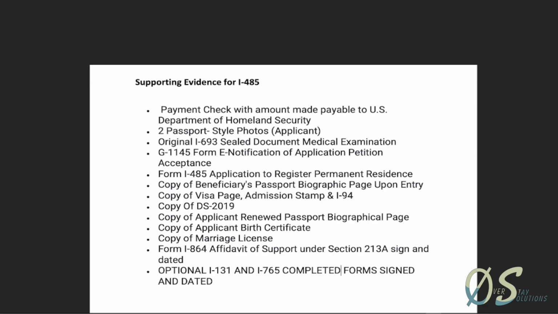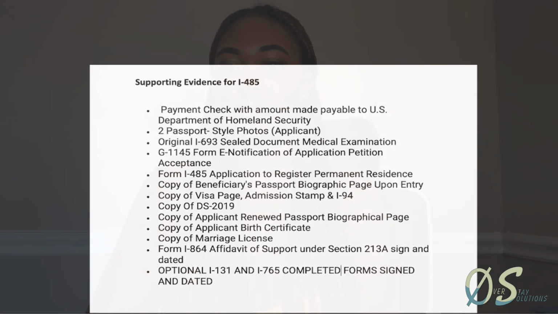So the affidavit of support, the medical, the I-765, the I-131 should be sent with the I-485 if you choose to do the medical, and if you choose to do an employment and advance parole document, it should be sent with the I-485 along with all supporting documents.